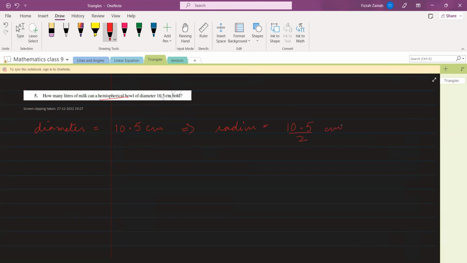You can keep it like this, okay? Now, how many liters of milk? That means in the end, you have to convert your answer into liter. Clear? Okay, now find the volume of this hemisphere quickly.